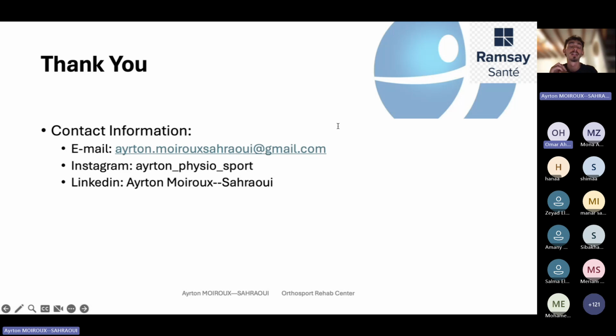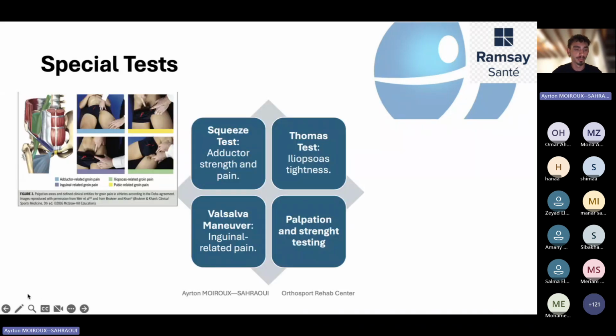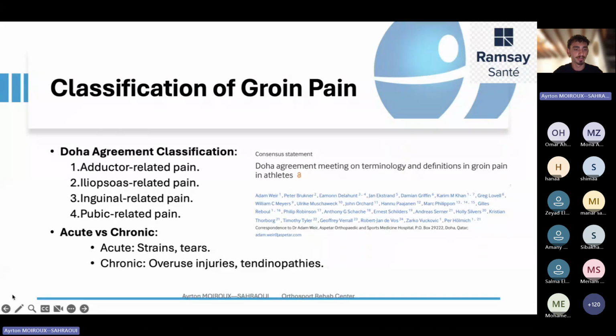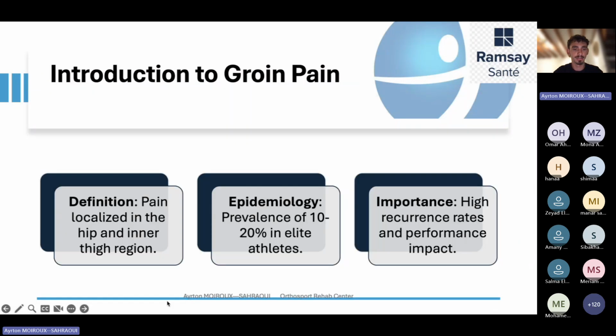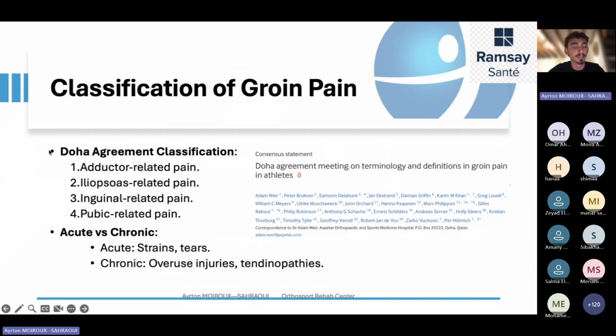Yeah, of course. The pelvis is one of the sources of the pain. Here we're talking about pubic related pain, but of course it's also related to the pelvis.